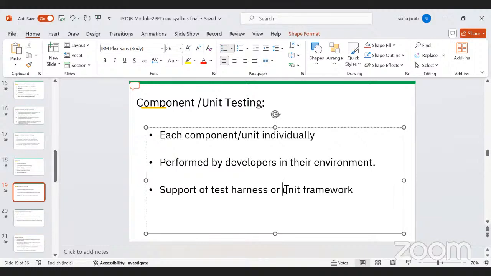In such cases, we might use the unit framework or test harness to actually simulate the response that is supposed to come from unit B. So that is a unit framework.